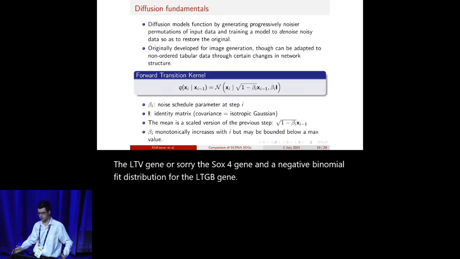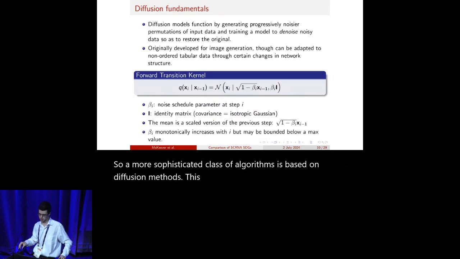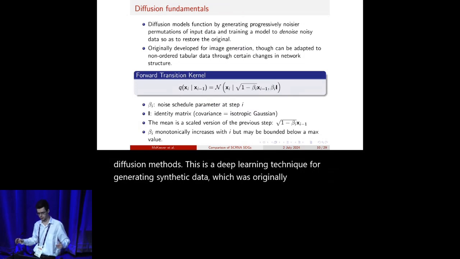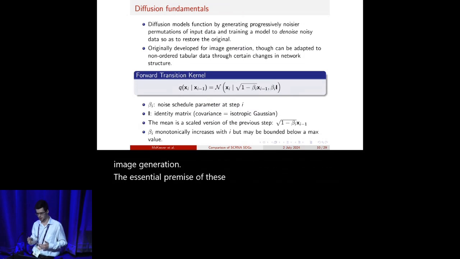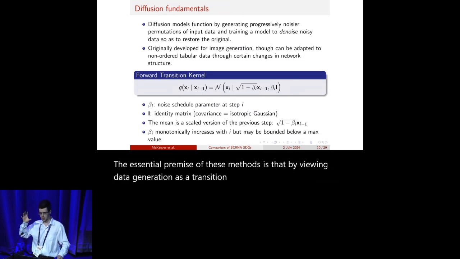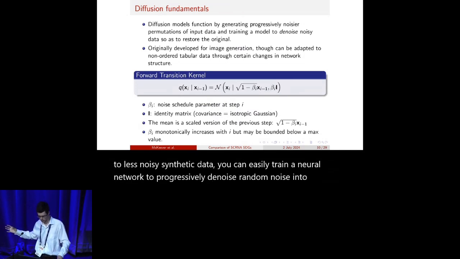So a more sophisticated class of algorithms is based on diffusion methods. This is a deep learning technique for generating synthetic data, which was originally developed for image generation. The essential premise of these methods is that by viewing data generation as a transition from high entropy noisy data to less noisy synthetic data, you can easily train a neural network to progressively denoise random noise into meaningful structured output.